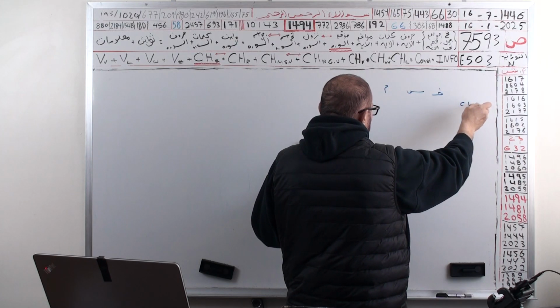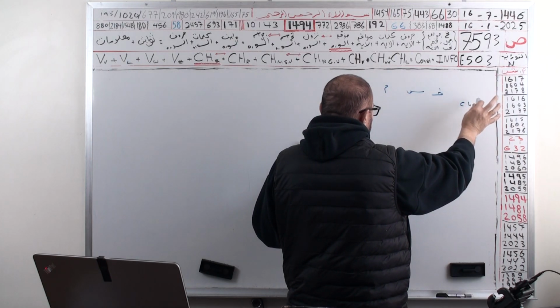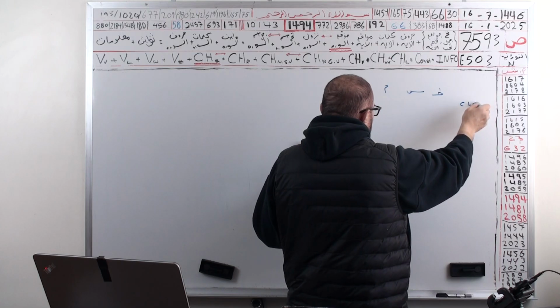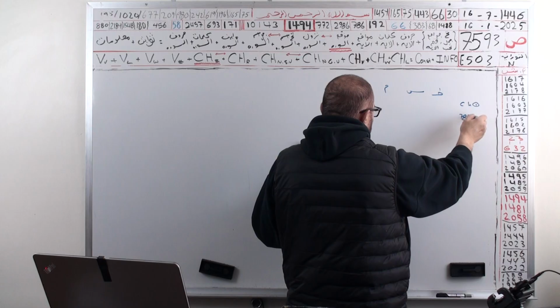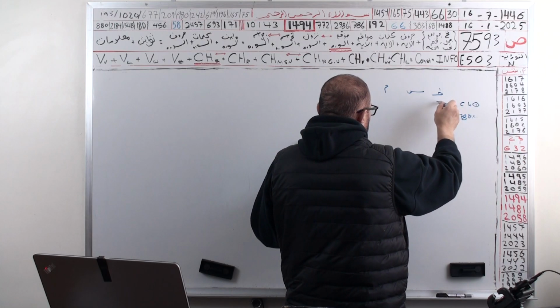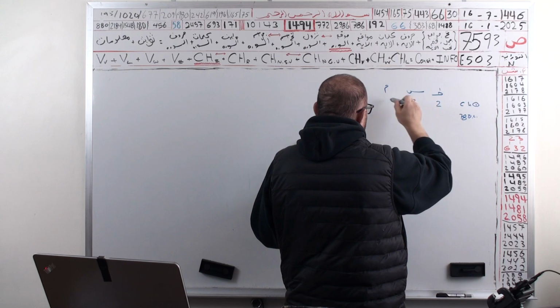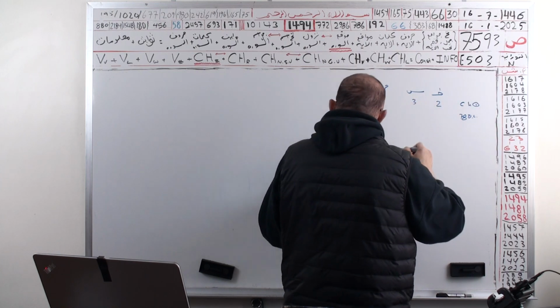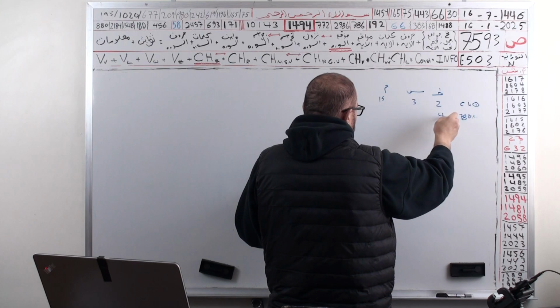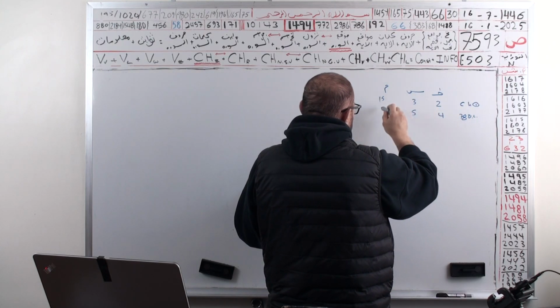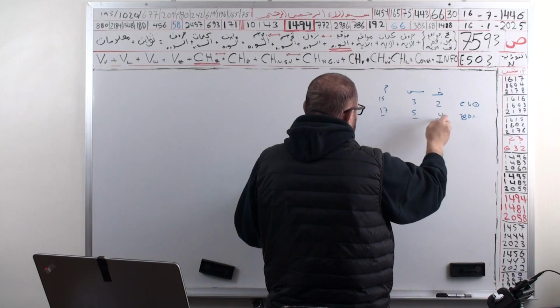I'm going to do a combination between 2 tables: one table from chapter 1 and the other from the 78 disjointed letters. In chapter Al-Fatiha we have 2 letter Ta, 3 letter Sin, 15 letter Mim. But in the 78 disjointed letters we have 4 letter Ta, 5 letter Sin, 17 letter Mim.